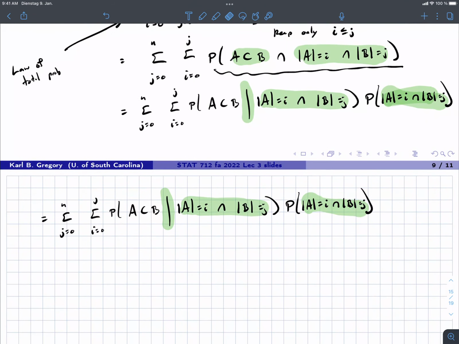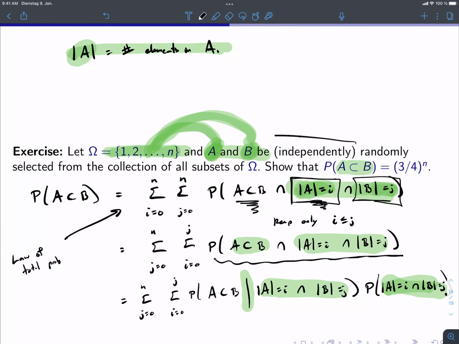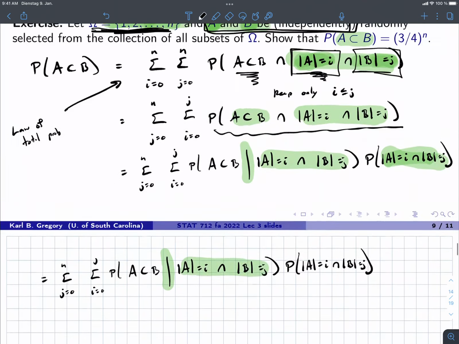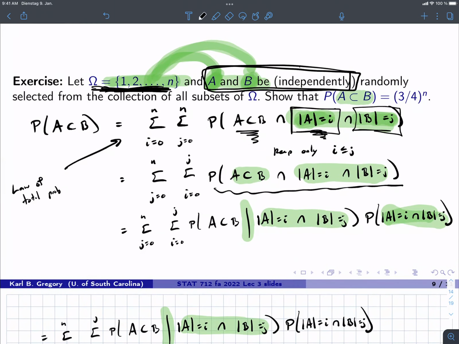Now I'm going to use the assumption that A and B are independently selected from these outcomes.